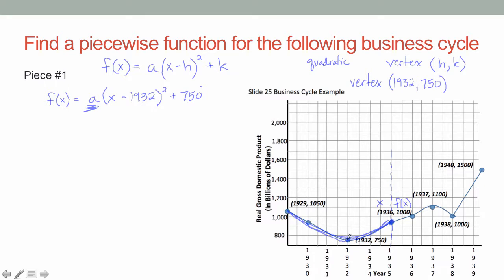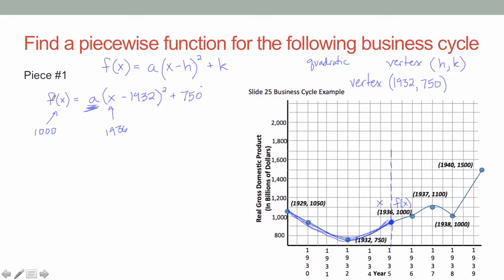So I want it to have a minimum there and also go through that point. What I do then is put 1936 in for x, because that's an x value I know I want it to go through, and I put 1000 in for f of x. When I put in 1936 for x and calculate it all out, I'm going to get a value of 1000.